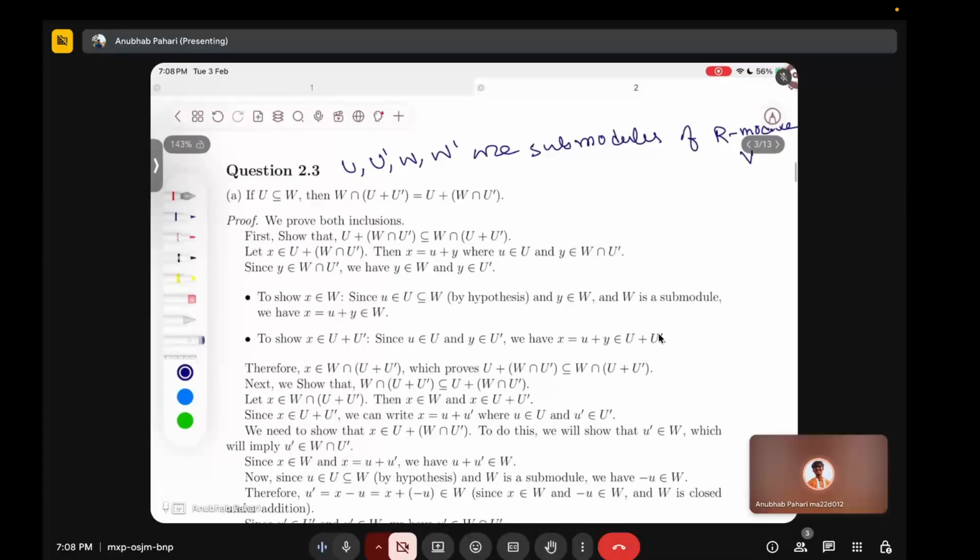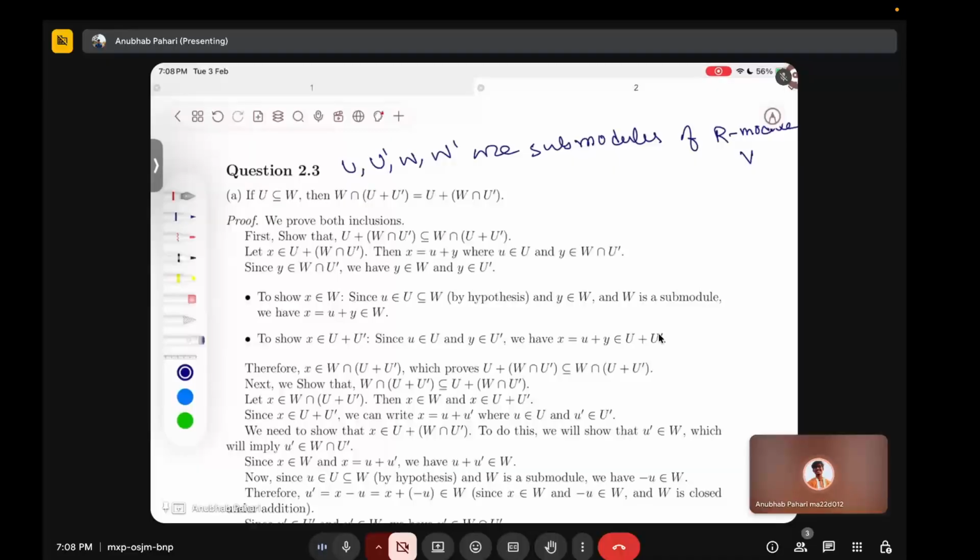So first we will show this forward direction. Now let us consider this x, which belongs to U plus (W intersection U prime), and then you can write x as u plus y, where small u belongs to capital U, and small y belongs to capital W intersection capital U prime.